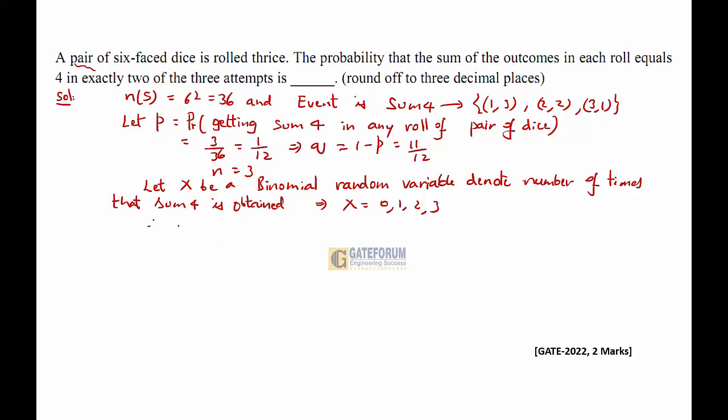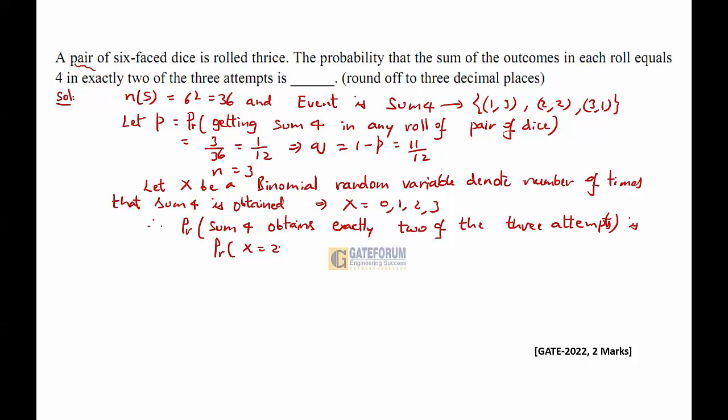So therefore, the probability of the sum 4 obtains exactly 2 of the 3 attempts is nothing but the probability of X is equal to 2, which is nothing but this probability.